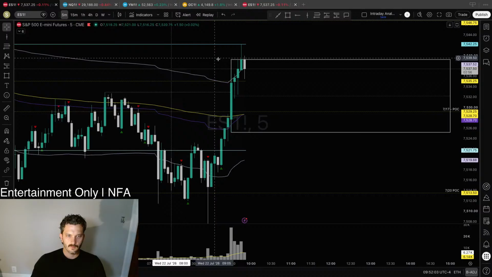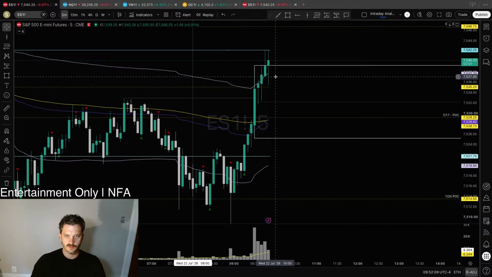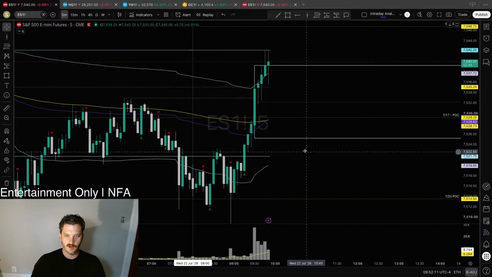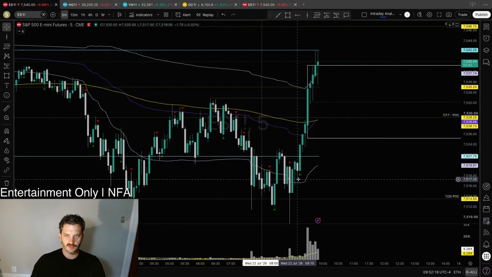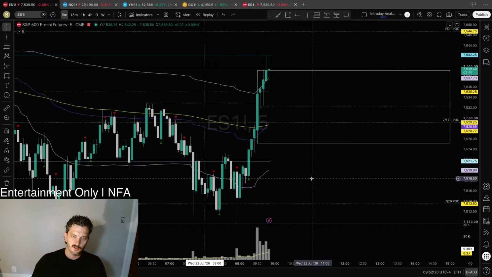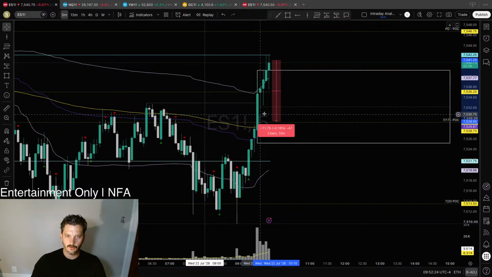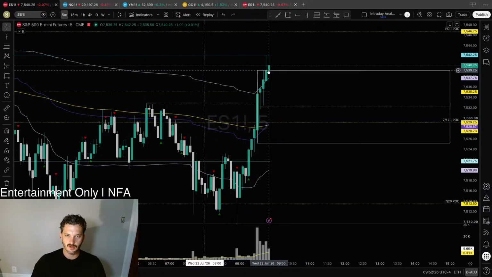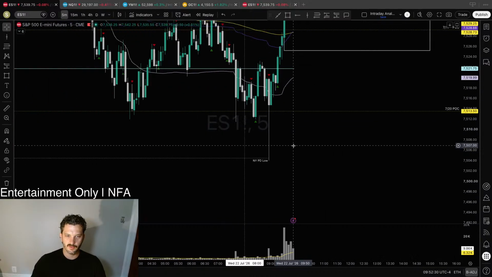Okay. So right now what I'm seeing, we're at our value area high. We're at our 1 standard deviation band of VWAP. We've also been trading below VWAP and the 200 EMA all session, and now we're having this strong push above. So I either want to see price pull back, hold, and find acceptance back above, or this is a rejection area and we could see a sell-off from here.